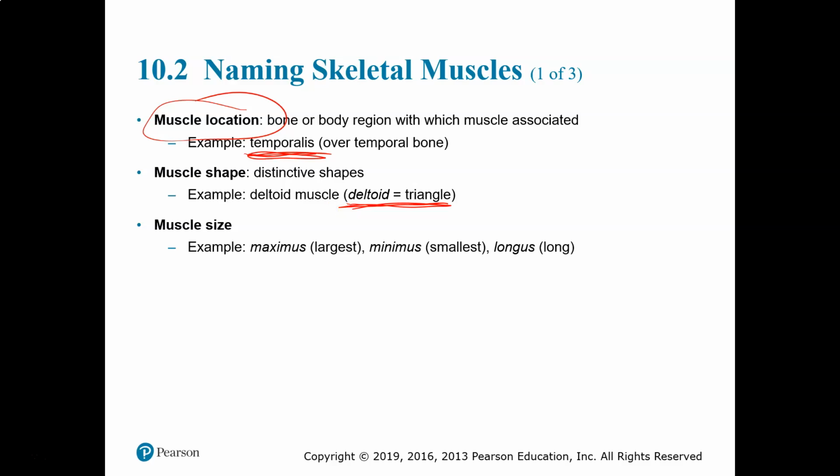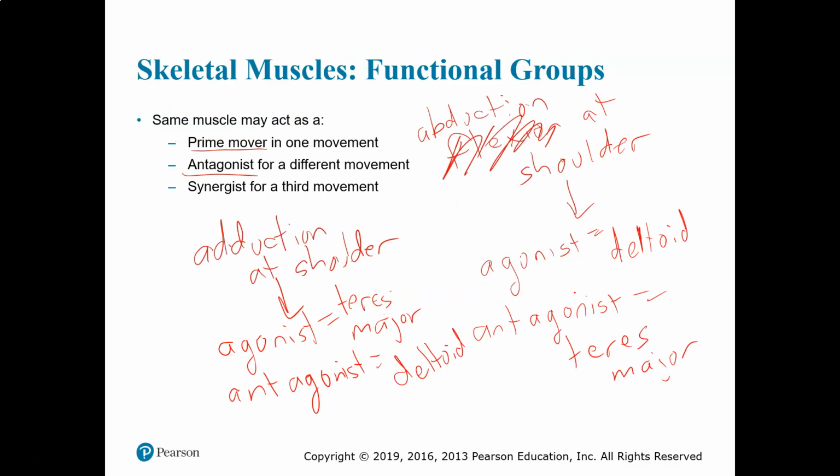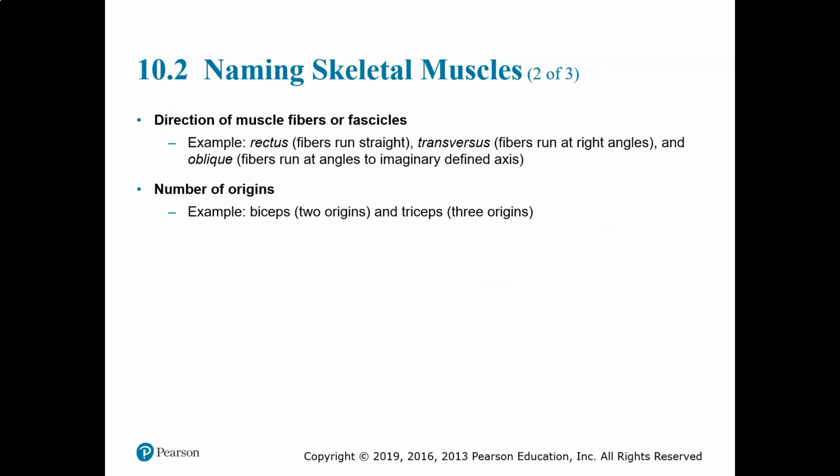And you also will see words that describe the size of the muscle. Maximus, largest; minimus, smallest; longus is long, and brevis is short, like brevis for brevity. Learning these terms and what they mean will help you to remember the names of the individual muscles, because you are going to have to know them.